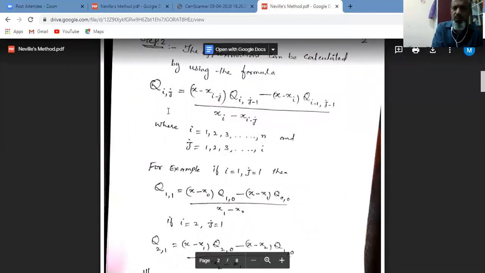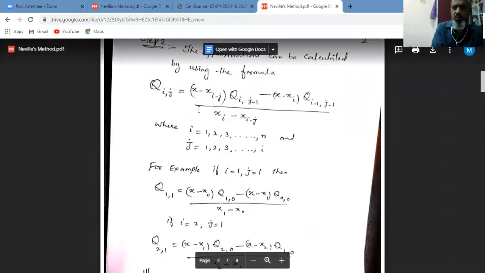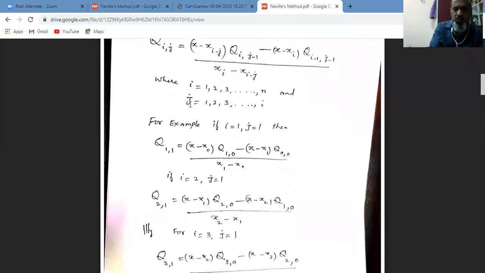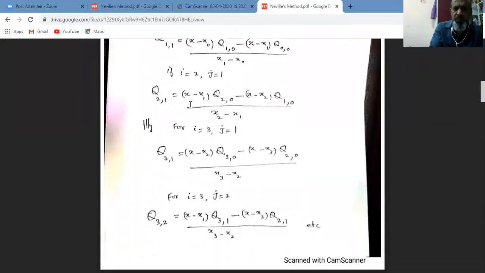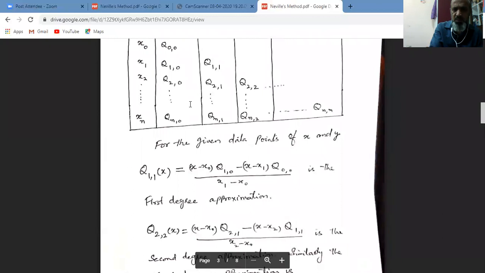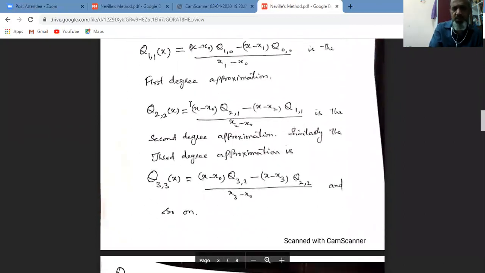If we substitute i equal to 2, j equal to 2, we get q2,2, and if we substitute i equal to 3, j equal to 3, we get q3,3, which is called the approximation of third degree. So q1,1, q2,2 and q3,3 are the first, second and third degree approximations. So we can determine q4,4(x), q5,5(x), etc.